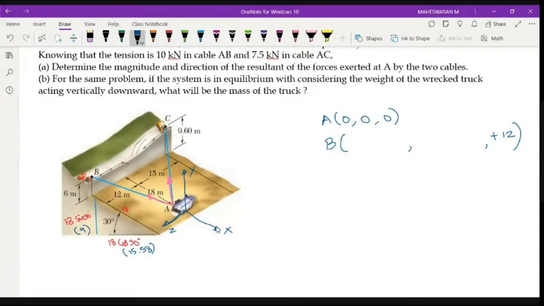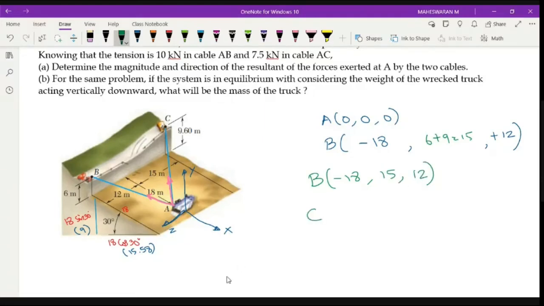It is in the opposite direction, which is minus 18. So what is your Y? From A to B, it is 6 plus 9, which is 15. I will write it as 6 plus 9 is equal to 15 for better understanding. So my B coordinate is minus 18, comma 15, comma 12.